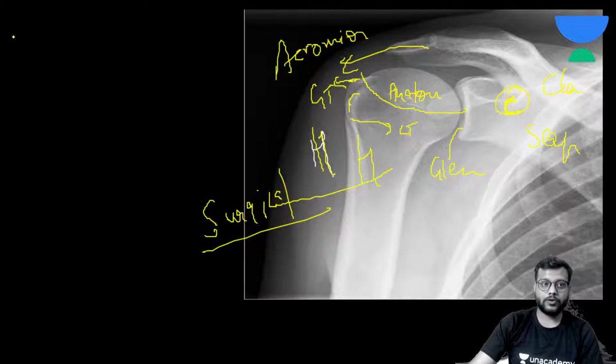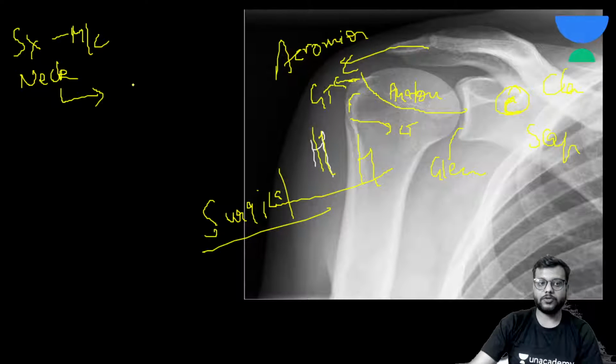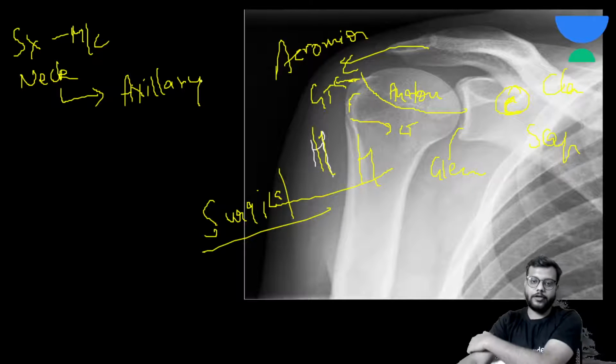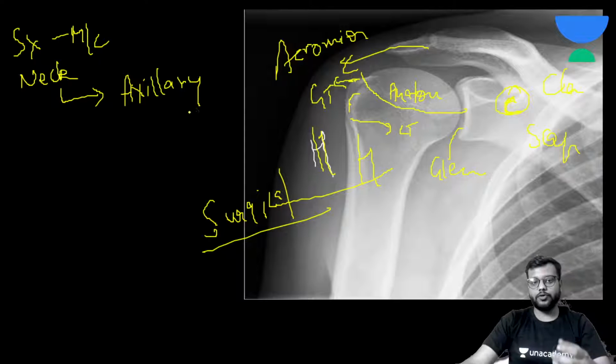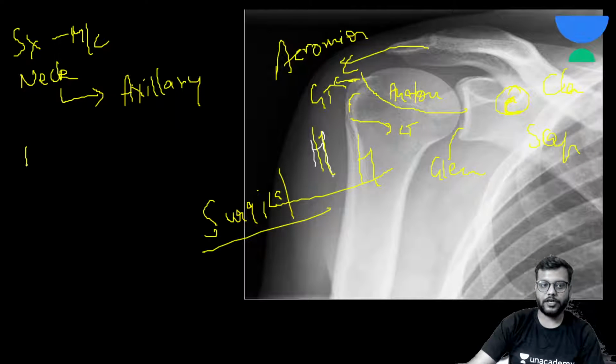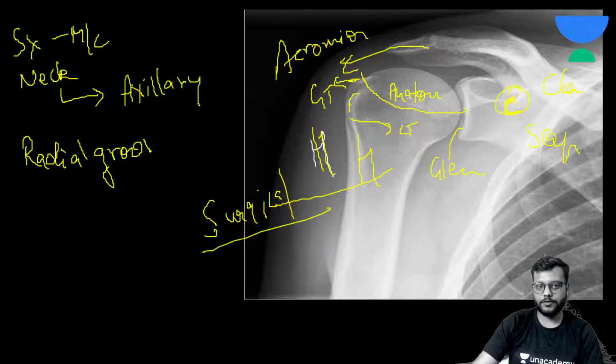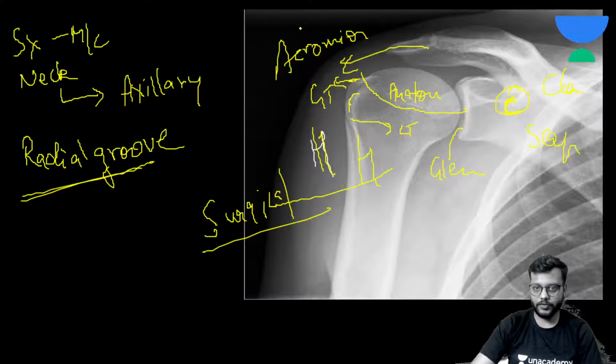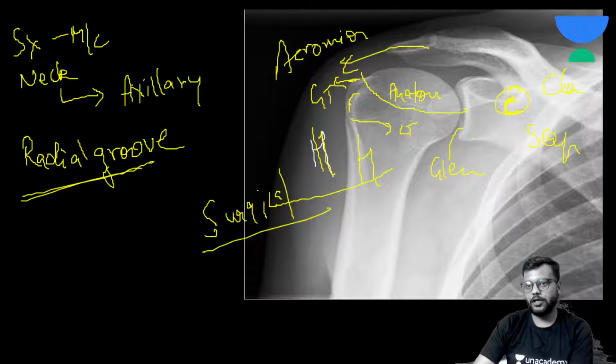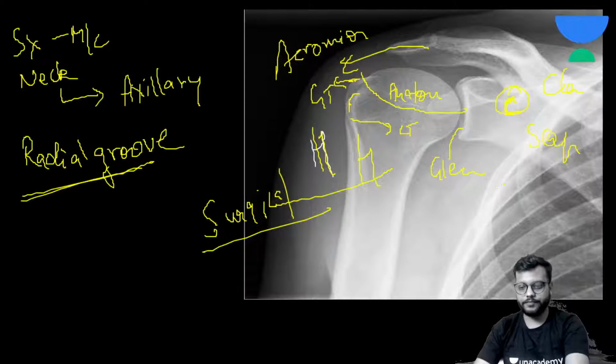So the surgical neck is the most common site for fracture as compared to the anatomical neck. Okay, and the axillary nerve also winds around this part. On the posterior aspect of the humerus, you have a groove called the radial groove, in which the radial nerve passes. Okay, so this is a normal shoulder joint X-ray.